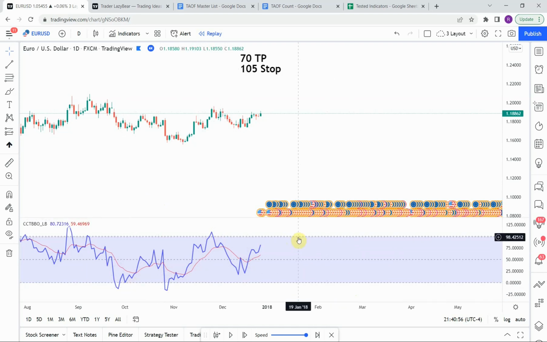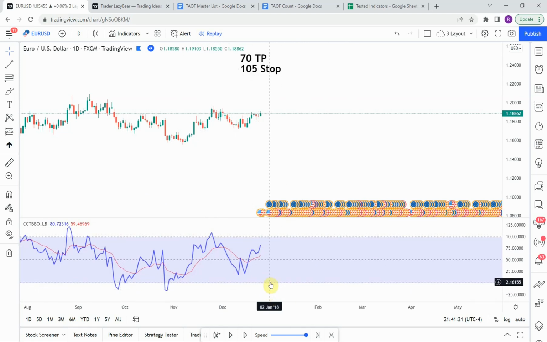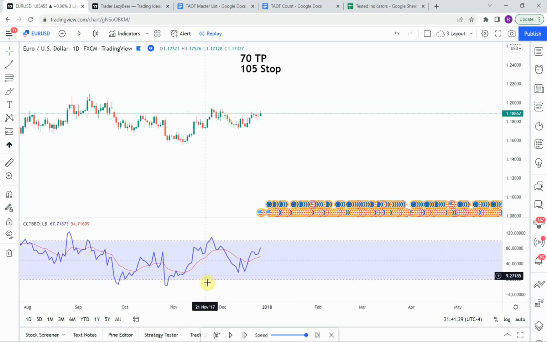Anything above the 100 line here at the top would be considered an overbought situation. Anything below the zero line here is going to be considered oversold territory. Think of it like an RSI, where we have overbought and oversold.